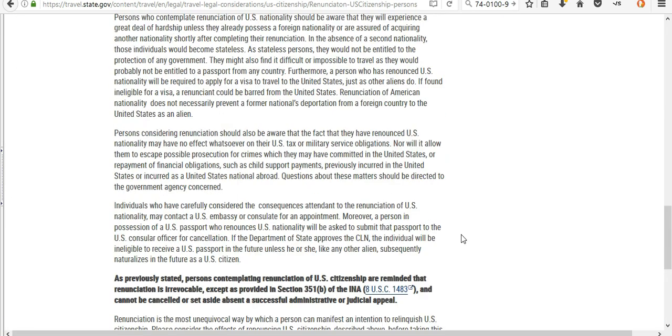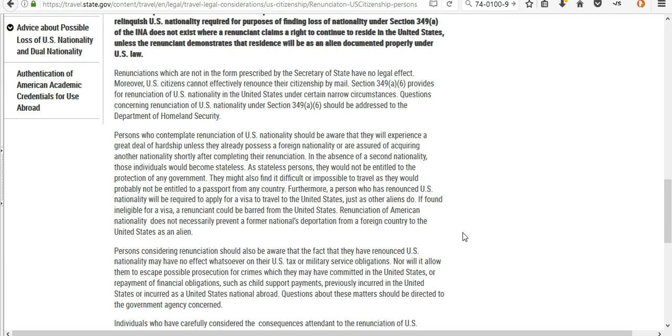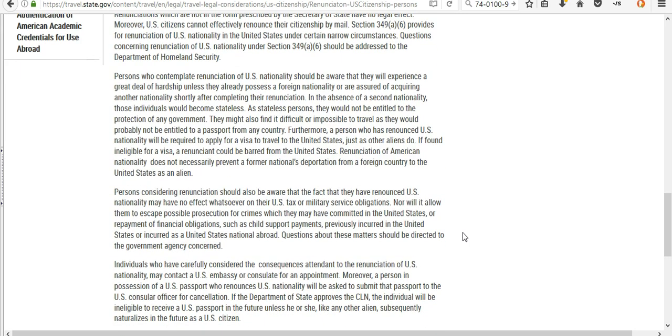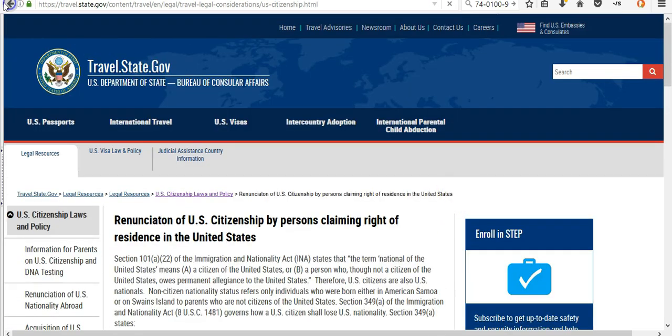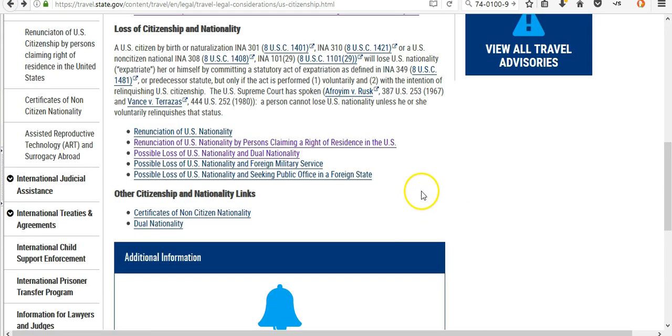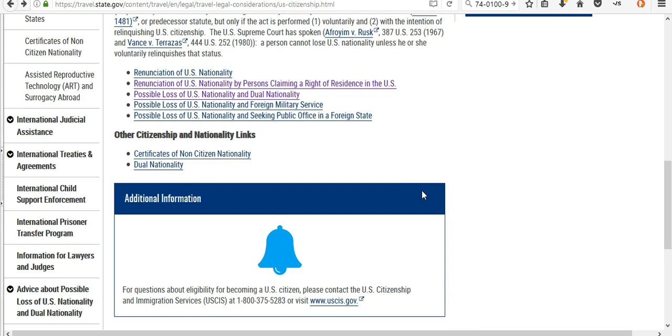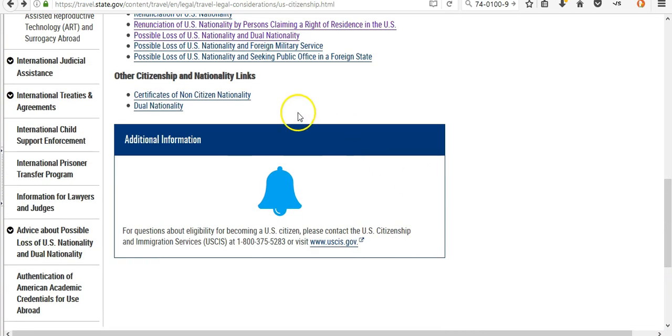Hey, this is a good article, good information. It tells you exactly what it is. Let's see here. Certificate of Non-Citizen National.